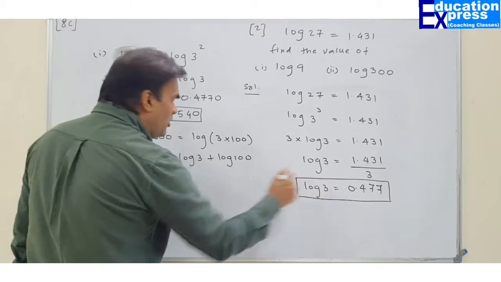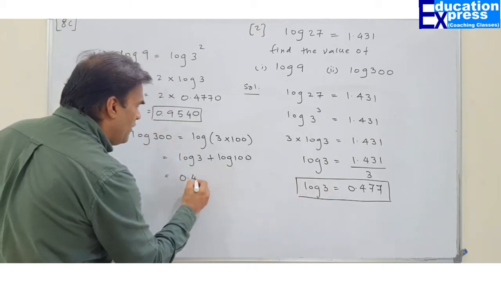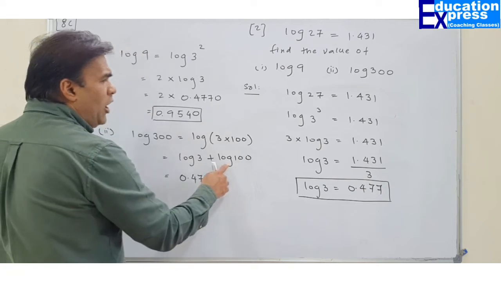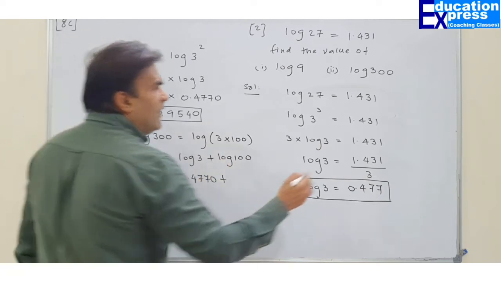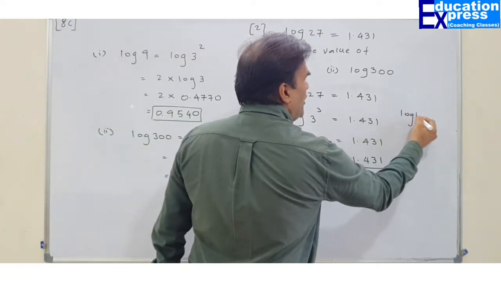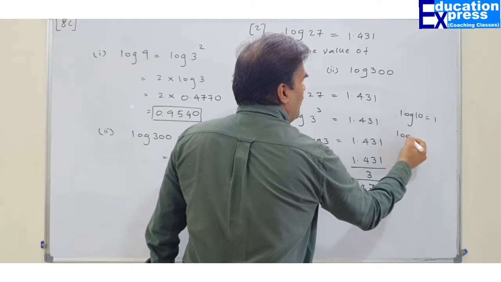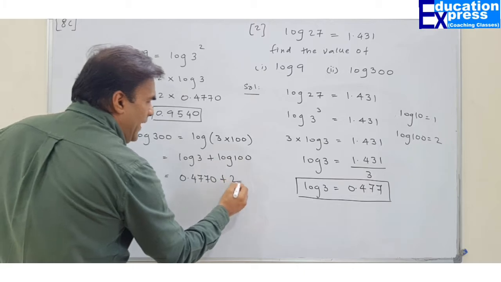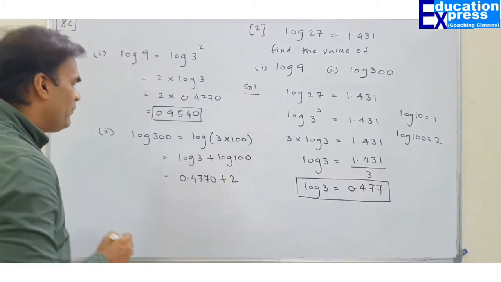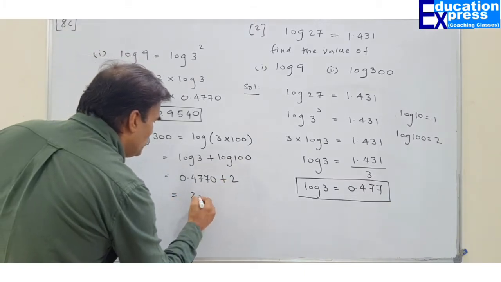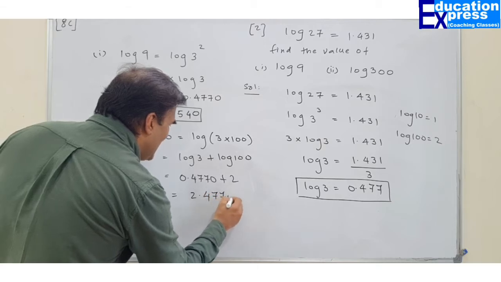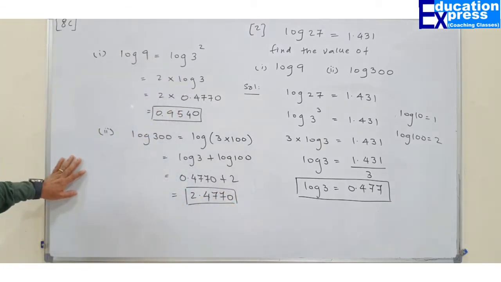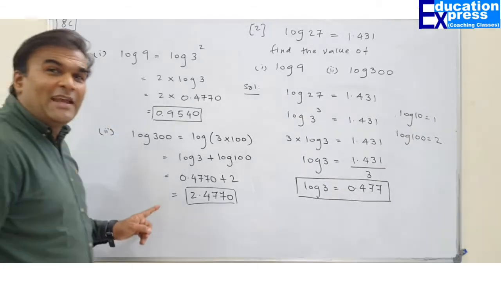Log 3 is 0.4770 plus log 100. The value of log 10 is 1, so log 100 is 2. So simply we'll place the value as 2. What is the addition? 2.4770. Absolutely perfect. So guys, we got the first one and the second one.